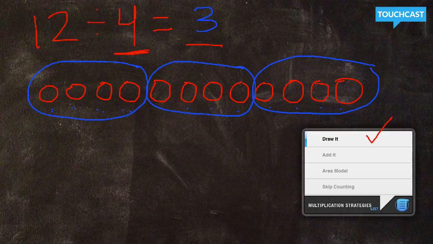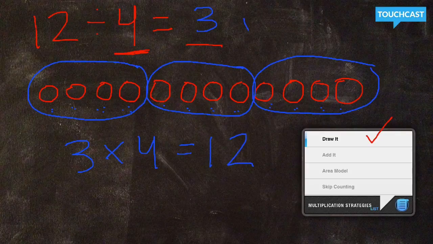And something interesting about division, you might notice the relationship between multiplication and division. So this problem is also showing 3 groups. Remember, when we hear groups of, we're thinking multiplication. 3 groups, and there's 4 in each group, and that equals 12.